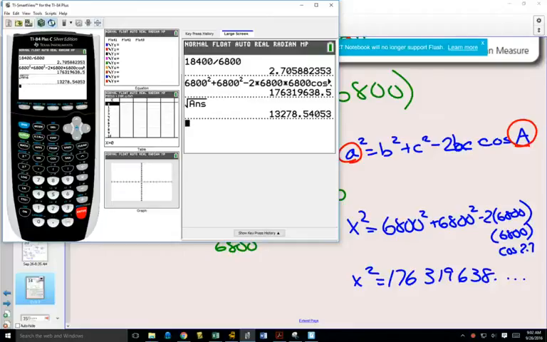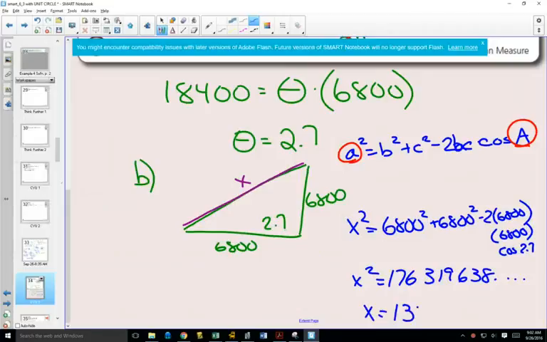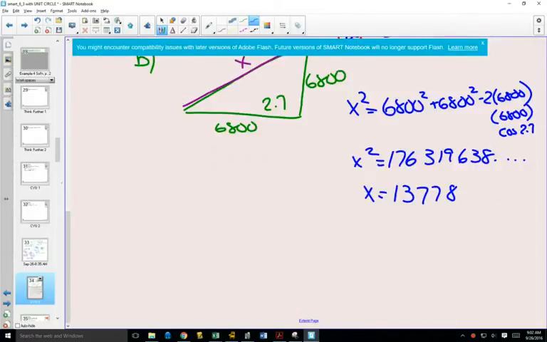And we find out x is 13278. The question says round to the nearest 100 kilometers. So the nearest 100 kilometers, 300 rather than 200, 13,300 kilometers.